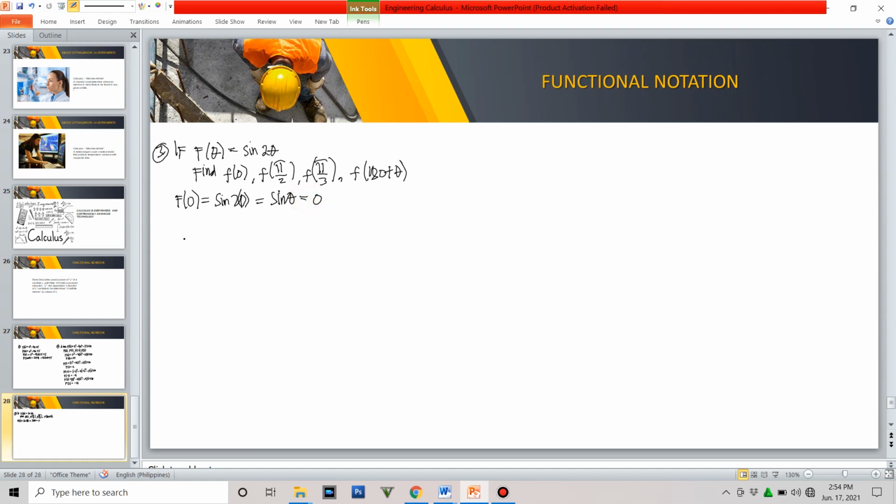Okay, so for the next function, say f(pi over 2), we really need to express this pi into an angle because pi is in terms of radians. So remember that in a quadrant, a half revolution is equal to 180 degrees, and it completes a revolution of 360 degrees.